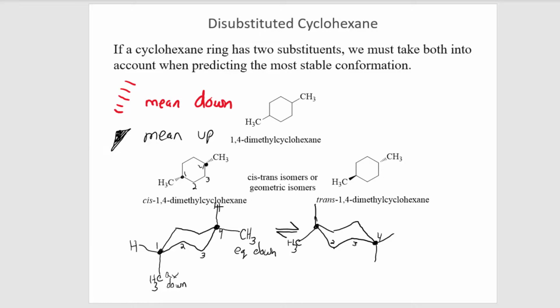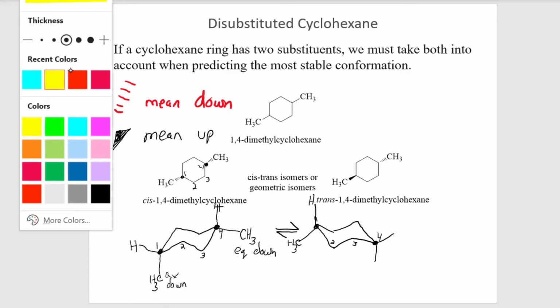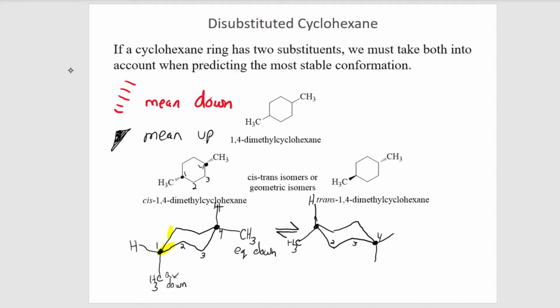Notice that carbon 1 had a methyl down but axial. In the ring flip, carbon 1 has a methyl down, still down is down, but it's equatorial. I successfully ring flipped. Look at the beak. The beak is down with the methyl down. The beak is up, still with the methyl down, but it just changed the orientation from axial to equatorial.